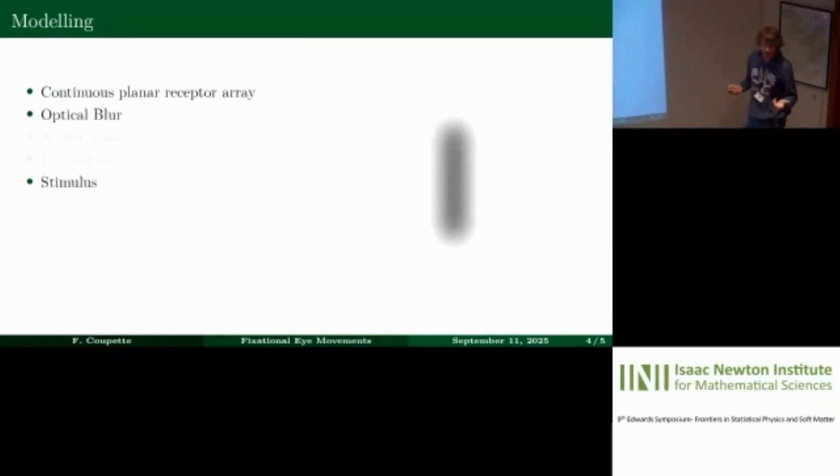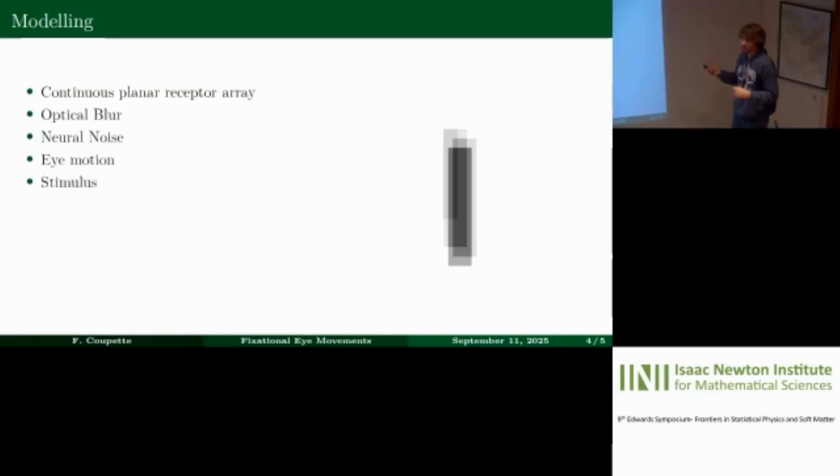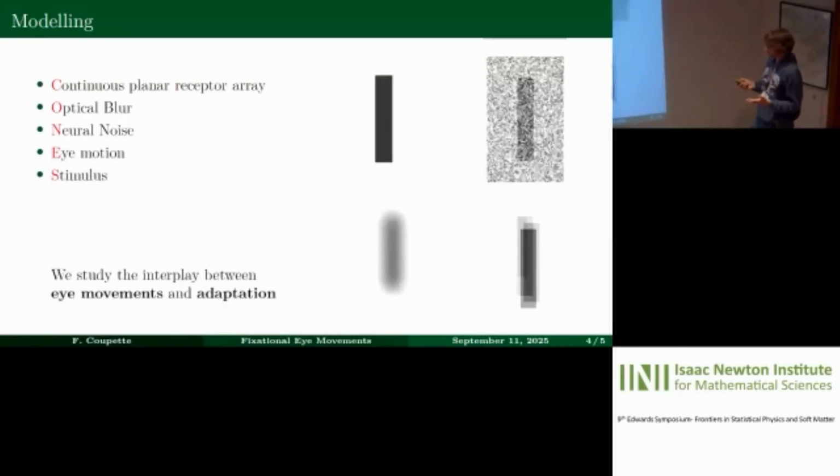The stimulus may be subject to optical blur because you have a lot of gooey stuff in your eye. Then the connection to the visual cortex is all neurons, and they are quite noisy. So that is the stochastic component in there. And then after all, we have eye motion, and the eye motion translates into motion of the stimulus on top of your retina. So those are the ingredients.